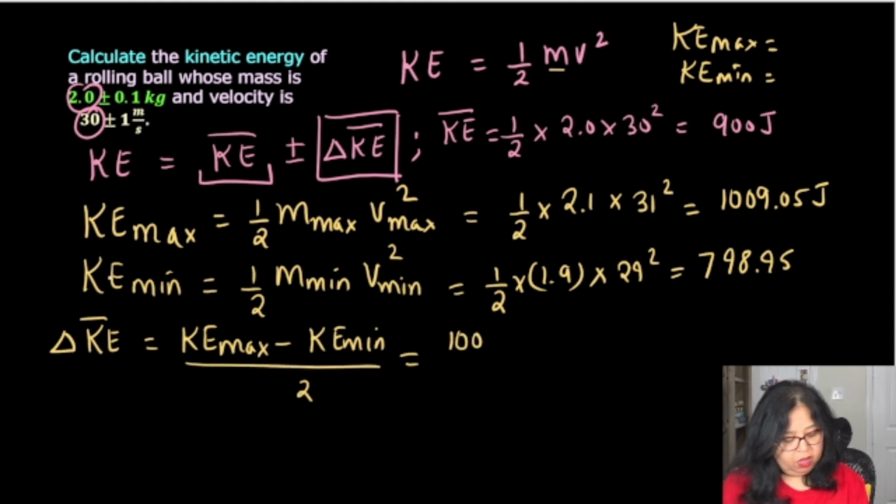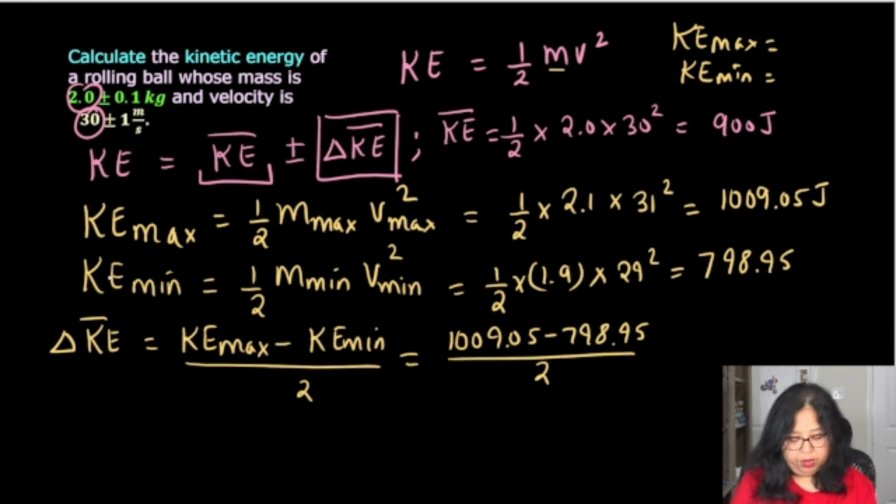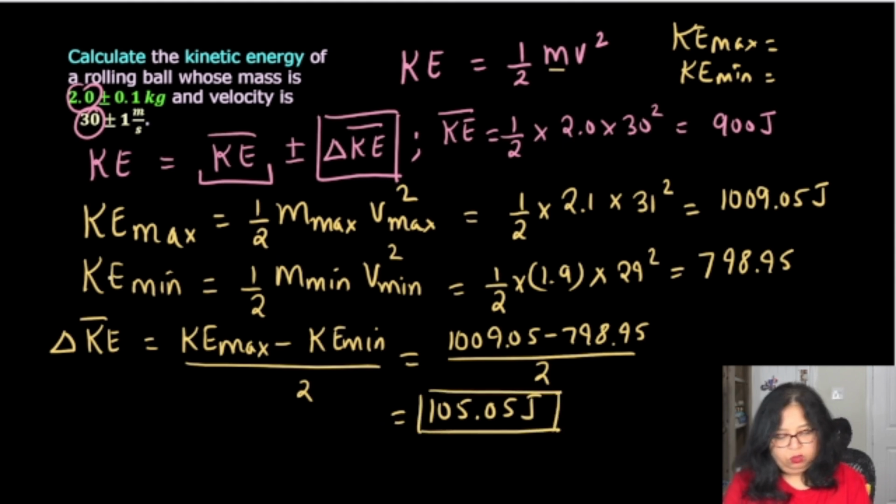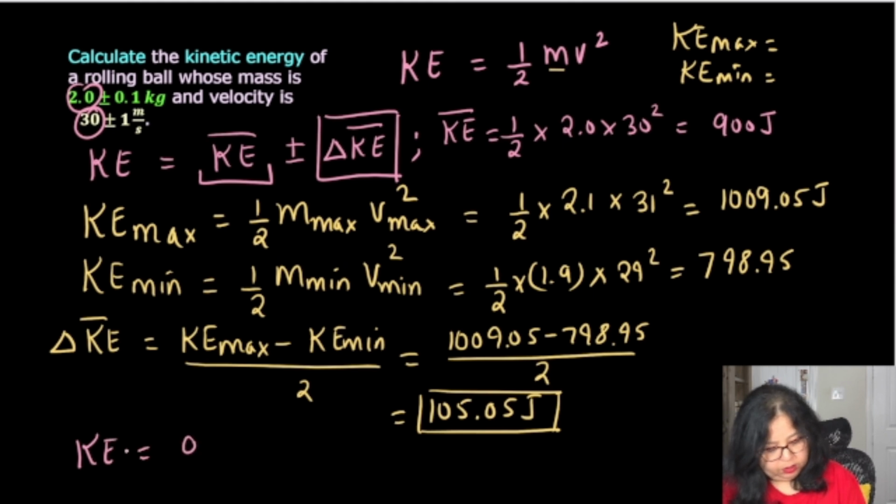That gives me 1009.05 minus 798.95 divided by 2. And that gives me 105.05 joules. All right. So our answer is 900 plus minus 105 joules.